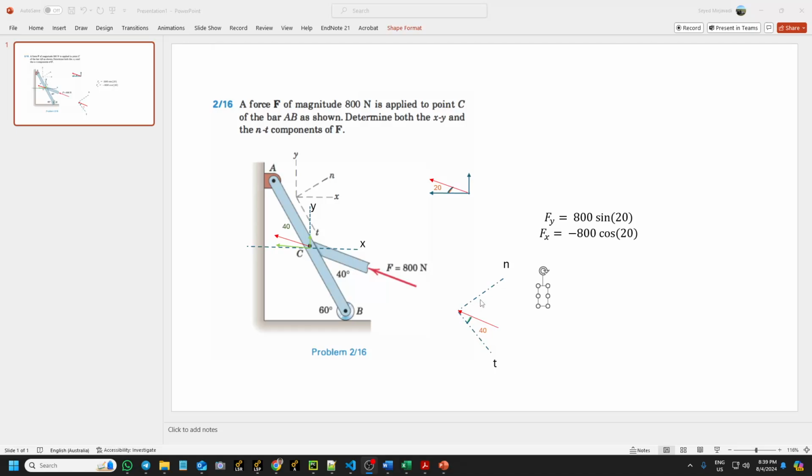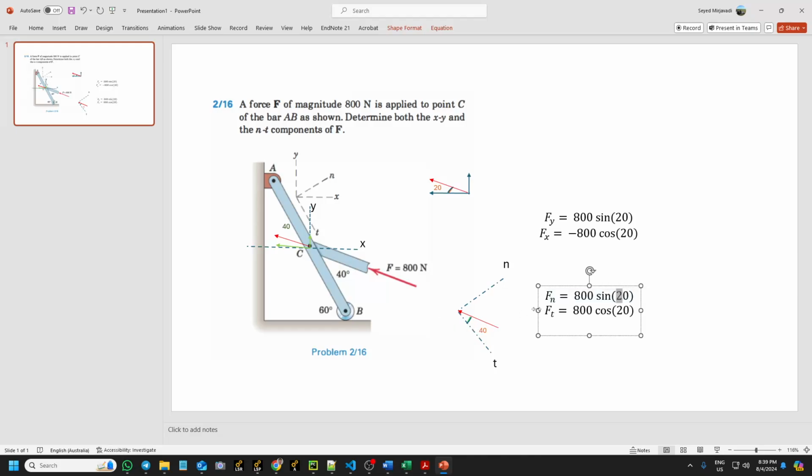This one is also pointing in a negative direction, and this one will be F sine 40. So Fn will be 800 sine 40. This is 40. Both of them negative. That's it. So simple. Solve this question again, and if you have any questions, ask me in the class.